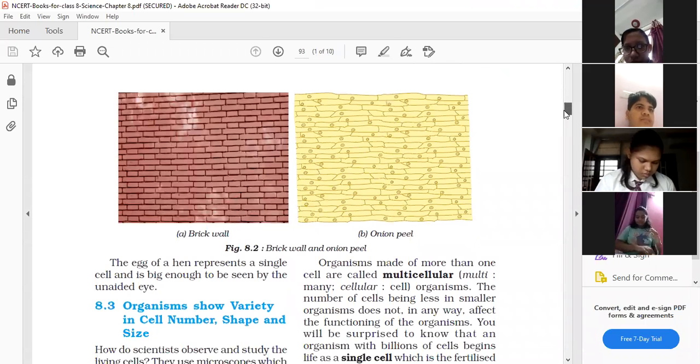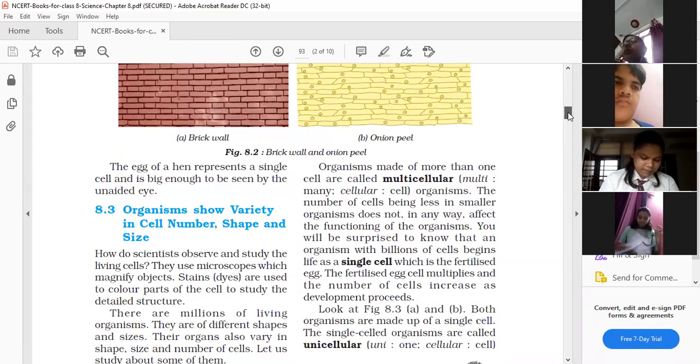Next, we discussed that cell is the smallest part of the body, as the brick is the smallest part of a wall. And similarly, we can see how the onion peel is resembling. If we see onion peel under a microscope, we can see such kind of a structure. So the brick wall and the onion peel resemble each other.